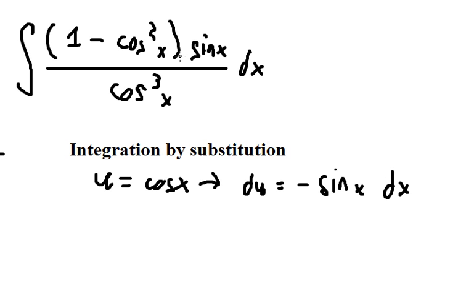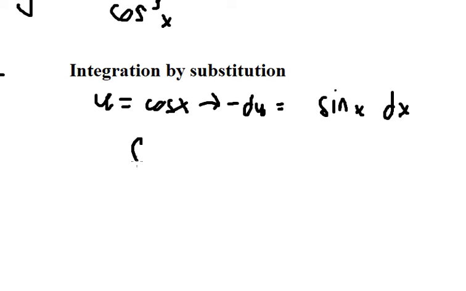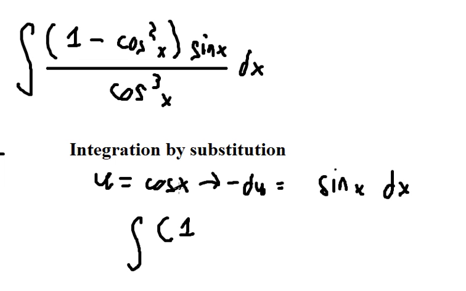Because we don't have the negative sign in here, I will put this to the left, and we have negative du equals sine x dx. Cosine x we change to u. Sine x dx we change to negative du.